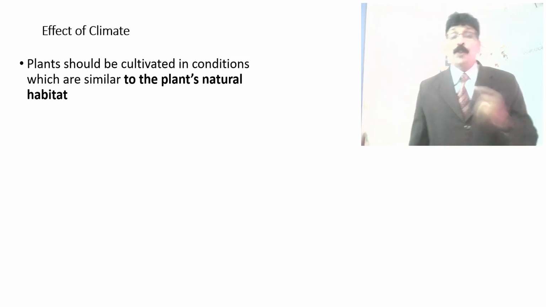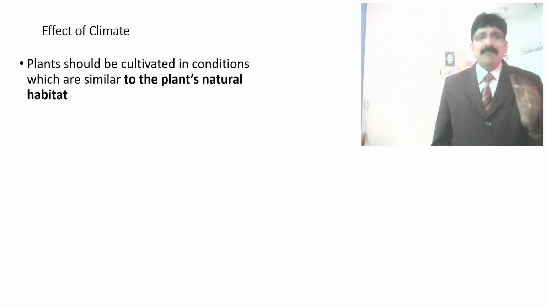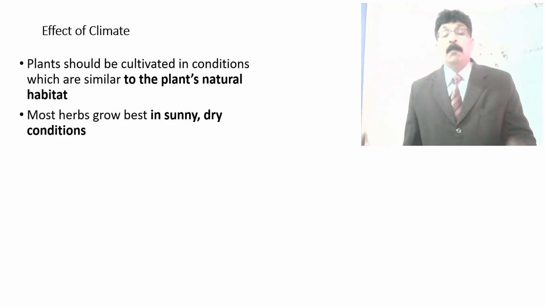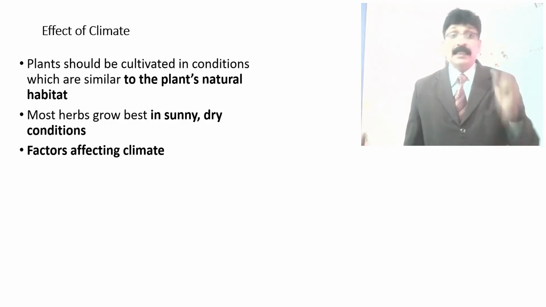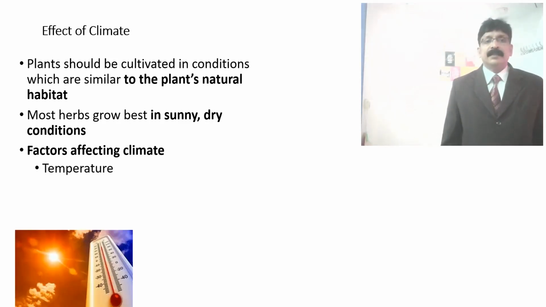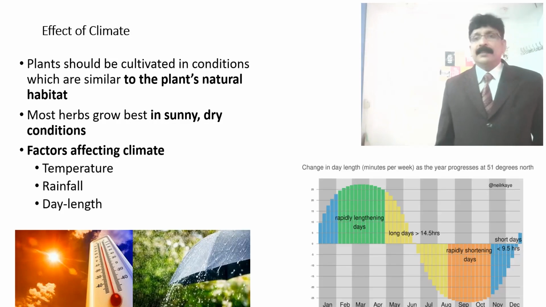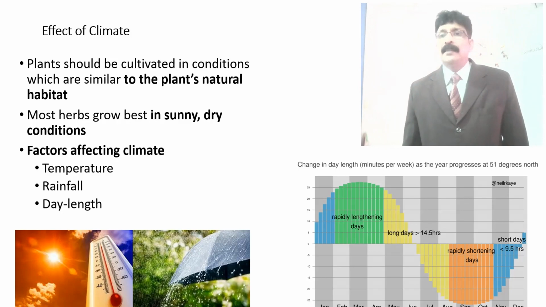Plants should be cultivated in conditions similar to the plant's natural habitat. Most herbs grow best in sunny, dry conditions. Factors affecting climate: temperature, rainfall, day length. These all affect the plant's development and its constituents.